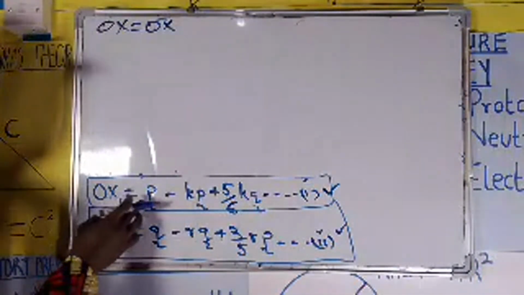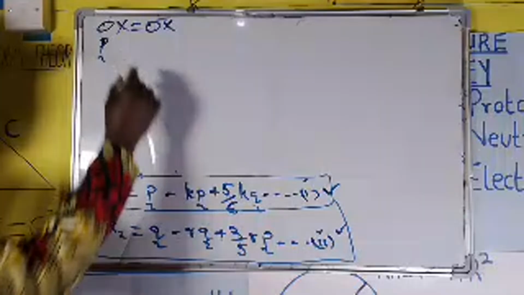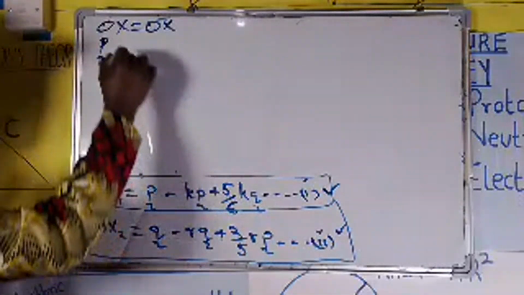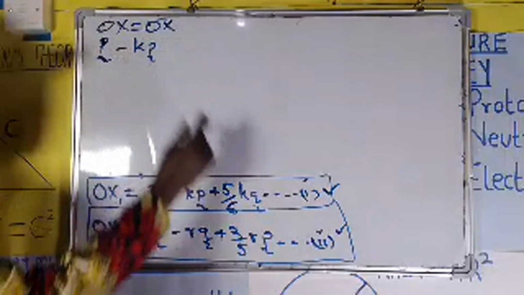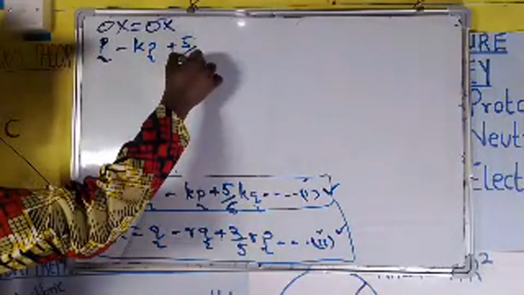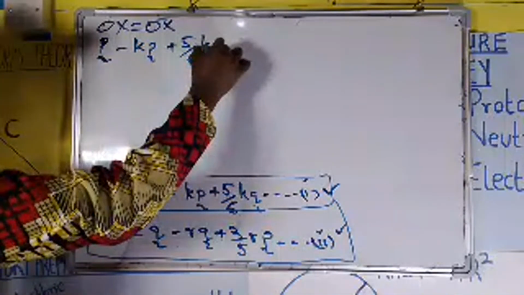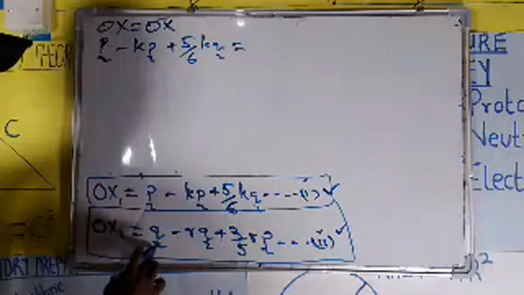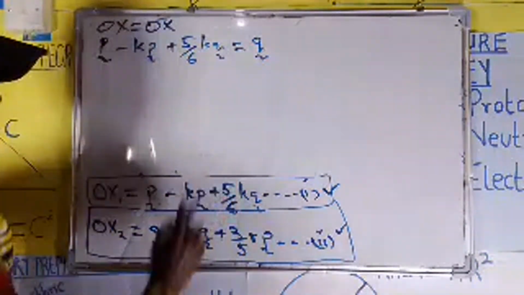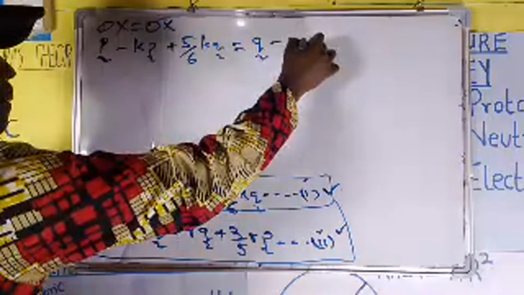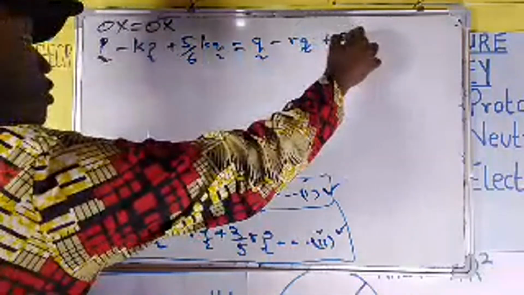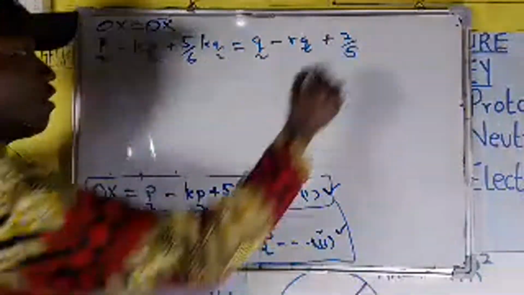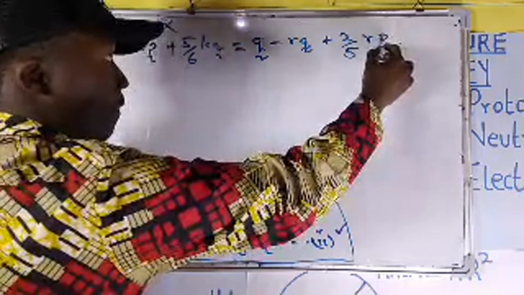So what we are going to do, we will take P minus KP plus 5/6 KQ is equal to Q minus RQ plus 2/5 of RP.